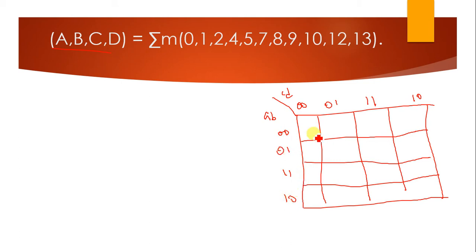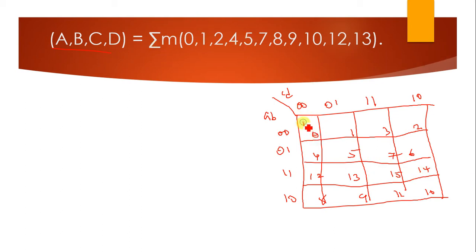Make the respective cells, that is 0 1 3 2, then 4 5 7 and 6, then come to the last ones, that is 8 9 11 and 10. Here it is 12 13 15 and 14.